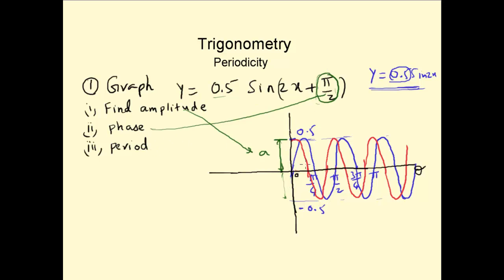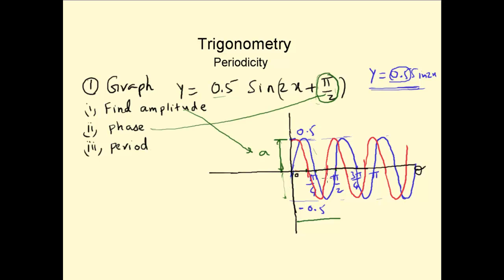Period: if you look clearly, the period of sine 2x, which is the blue curve, is the same as the period for sine 2x plus pi by 2. The period for sine 2x is from here to here, so it's repeating from 0 to here. There's a typo here. The pi by 4 should be here, pi by 2 should be here, and 3 pi by 4 is here.